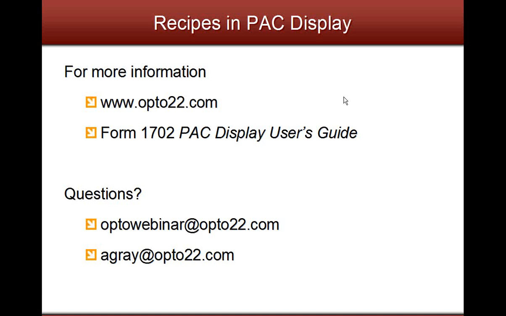It's got a great chapter on recipes, and you can find more details on specific checkboxes that I might not have covered. I will go through the questions in just a second, and you can always send us an email at optowebinar@opto22.com, or you can reach me directly at agray@opto22.com, and we'll be happy to answer any questions that we didn't get to.